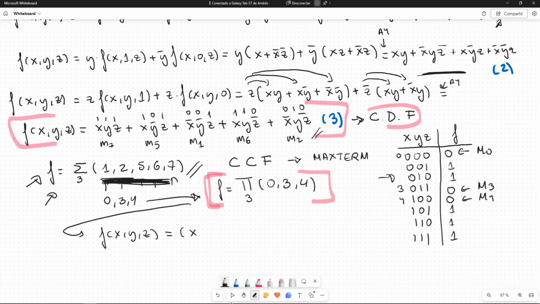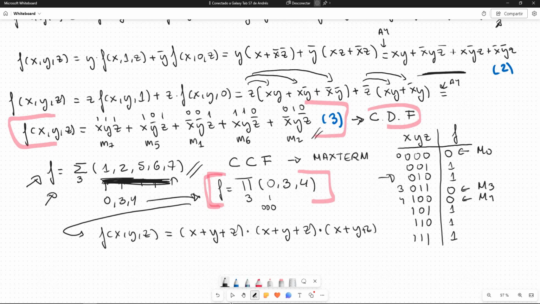The max terms are sums in which all the variables appear, and we have 3 of them. So 0 is like this.